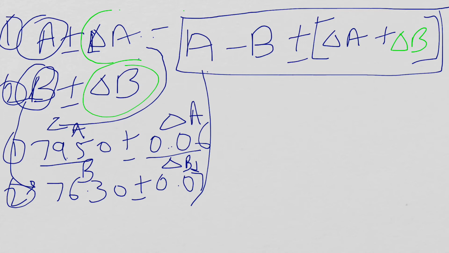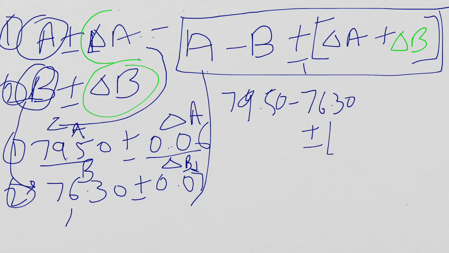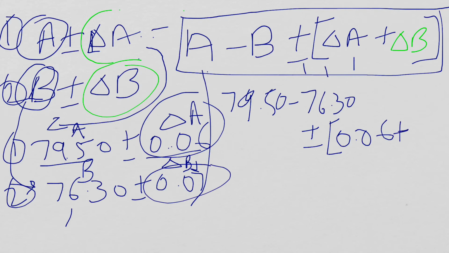So A minus B: 79.50 minus 76.30, then plus or minus, in a square bracket, 0.06 plus 0.07. The bracket is closed. Now let's solve this and we will get the answer.